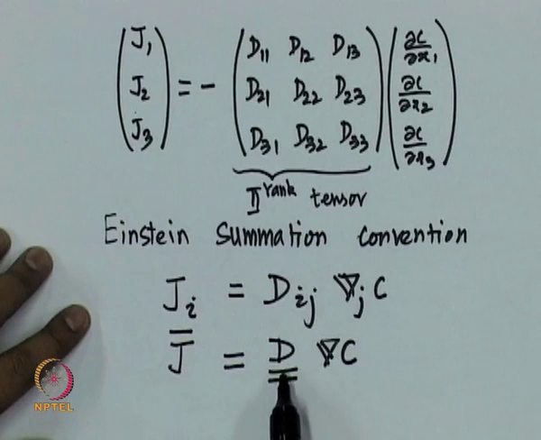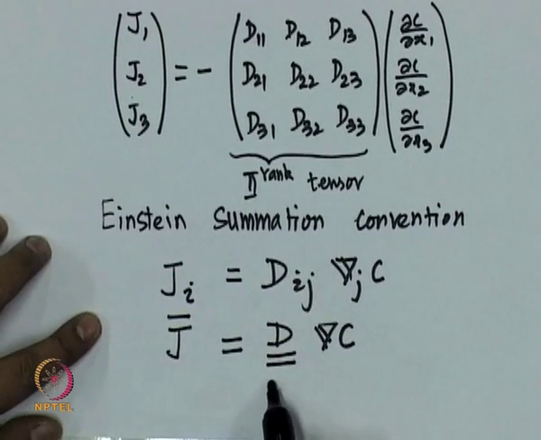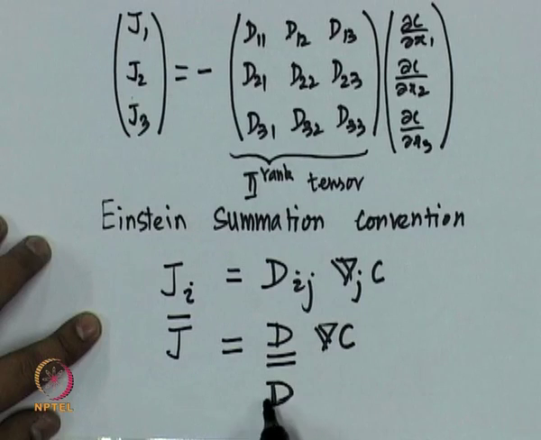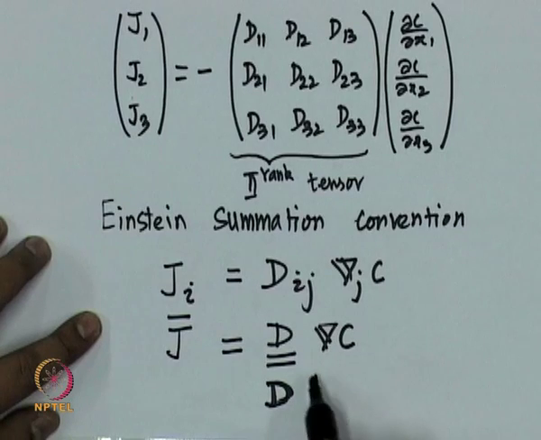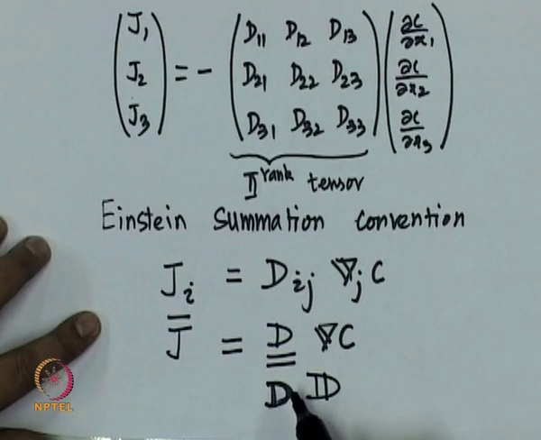So, J is equal to D times del C. Sometimes in books this is written as a bold D, or sometimes it is written in handwritten form with a double mark to say that this is a vectorial or tensorial quantity. Okay. So, the easiest is to draw lines.